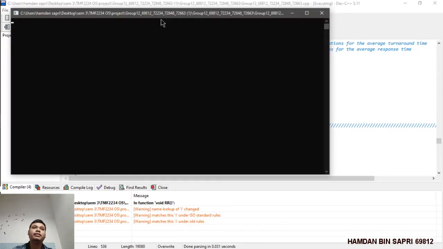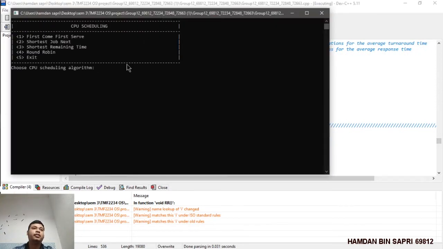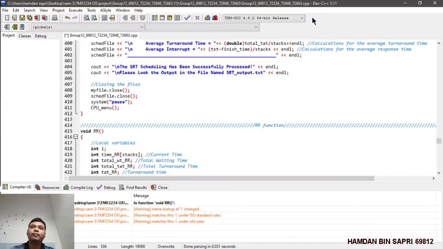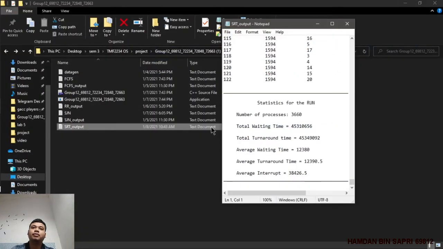Okay, now we run it. Okay, for shortest remaining time, we wait. Okay, the output is a file named SRT output dot text. Okay, here is the output.